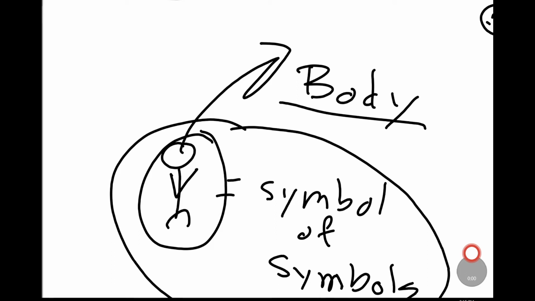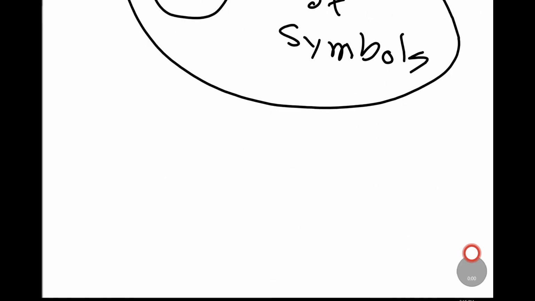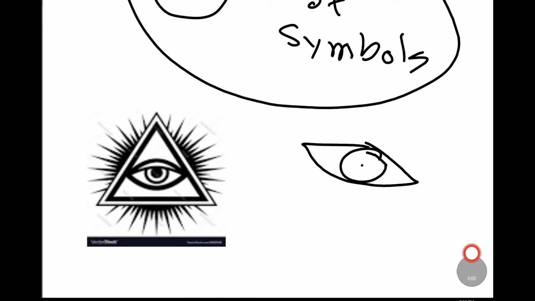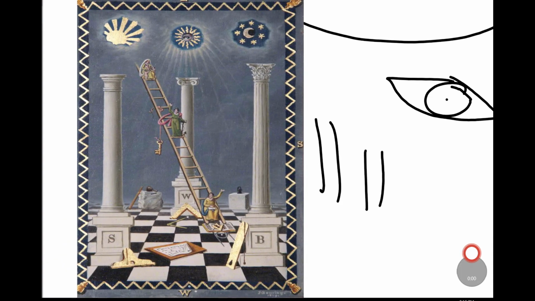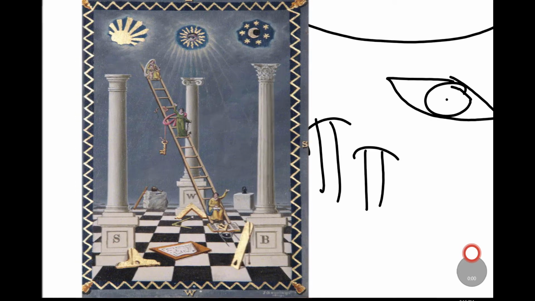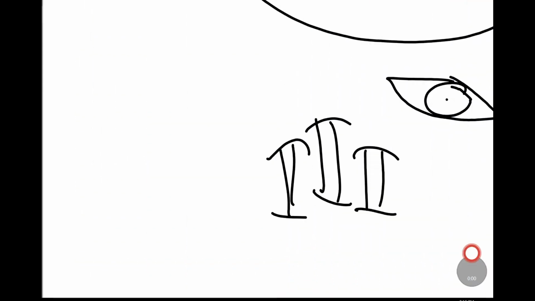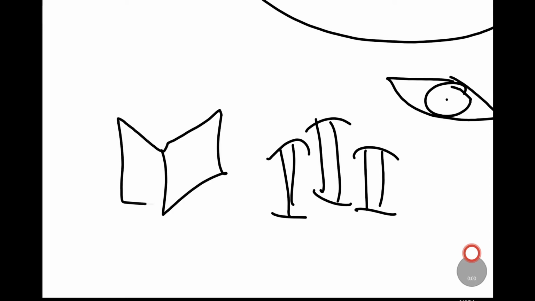People will always try and say that the all-seeing eye is evil, or that the Masonic three pillars are evil, or the cube as it is used is evil.